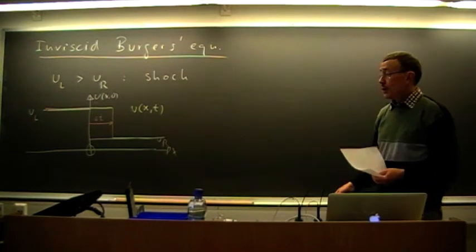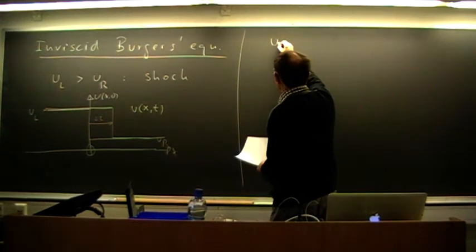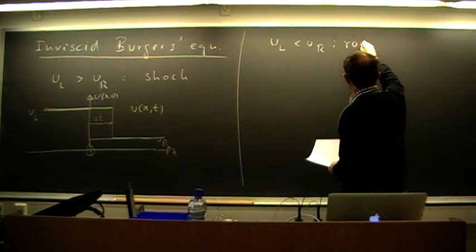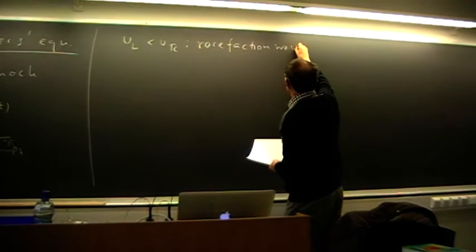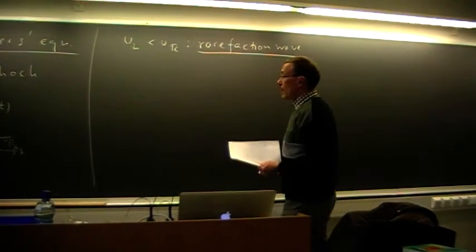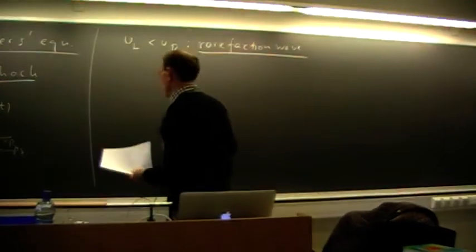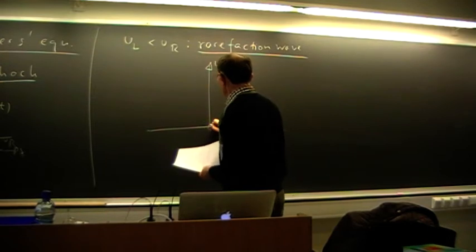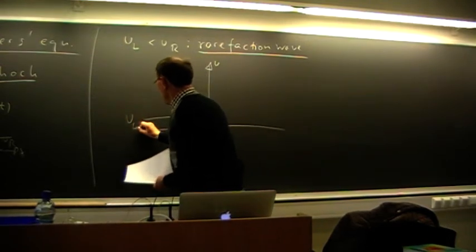We also saw the other way, that is when we have a rarefaction wave, when u_L is smaller than u_R. This is just the other way around. We have u, and now u left is lower than u right.